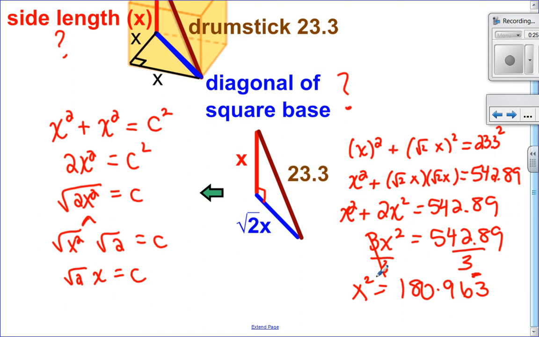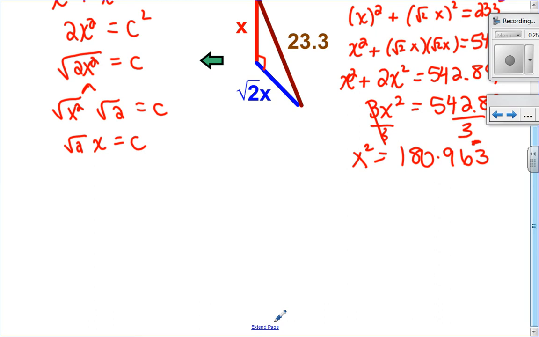In my final step of this question, I am going to square root both sides. Again, I only need the positive square root because it is a side length. So taking the square root of this answer, x is equal to, to the nearest tenth, 13.5 centimeters. So what that tells me is that a drumstick measuring 23.3 centimeters can fit into a cube box measuring 13.5 centimeters on each side.